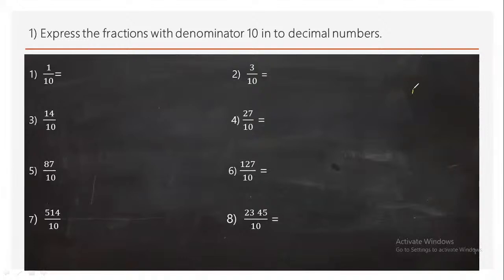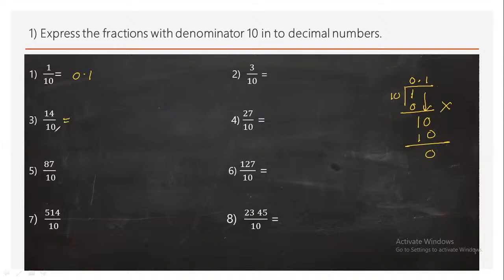Usually you would do it like this, no? 1 divided by 10, right? 1 divided by 10: 0 point, here 1 doesn't have 10, so 0 times 10 is 0, 1 remainder, bring down 0, then 10, how many tens? 1. 1 times 10 is 10, 0 here. Then the answer is 0.1.